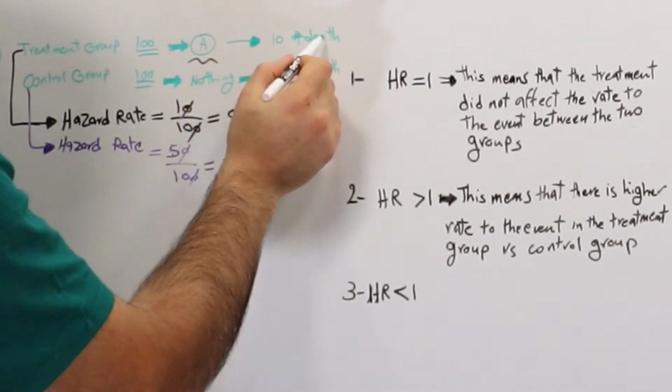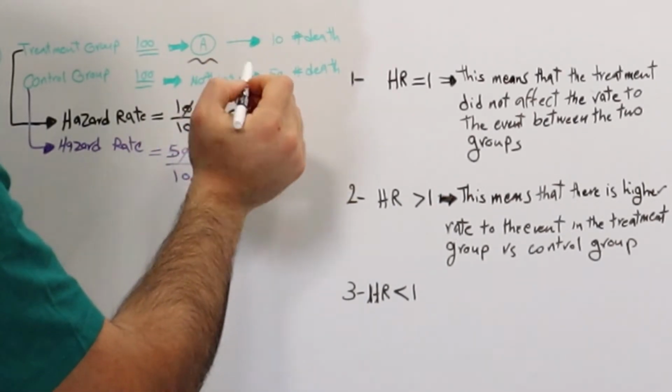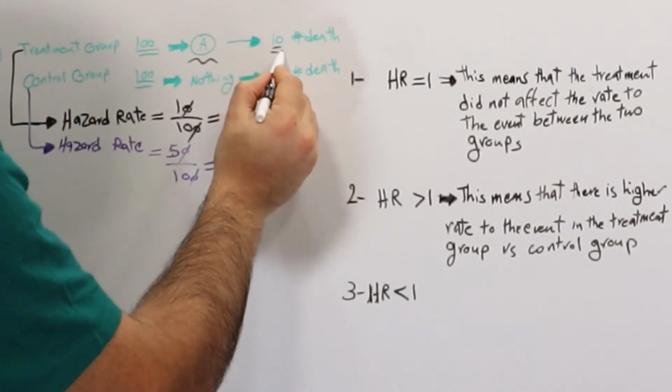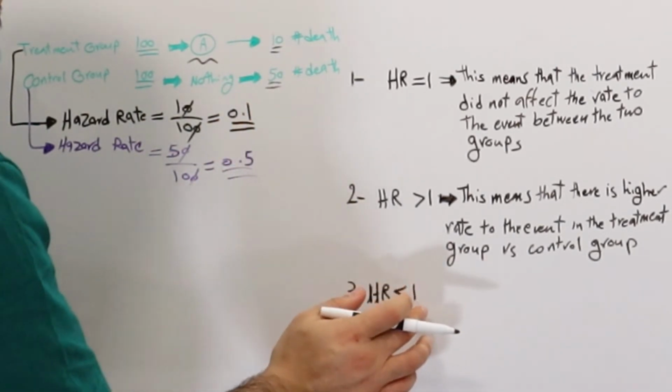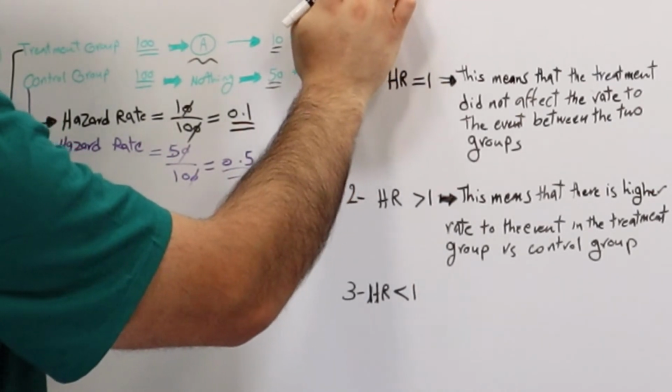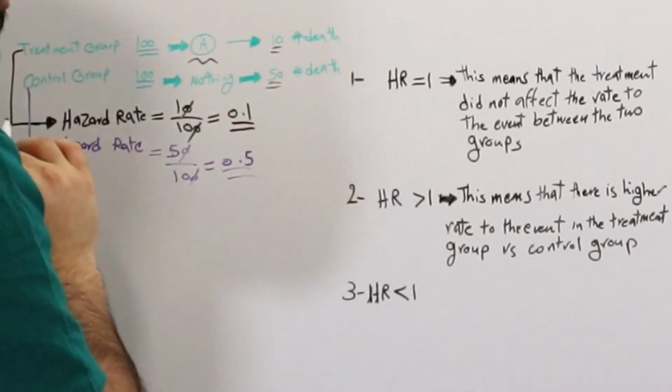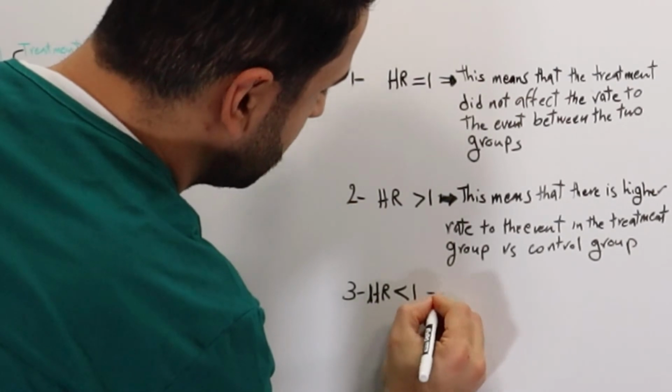So we have the number of deaths 10 in comparison to 50 over here. So 10 is less than 50. Therefore, hazard ratio is less than 1 because we had fewer people in the treatment group in comparison to the control group.